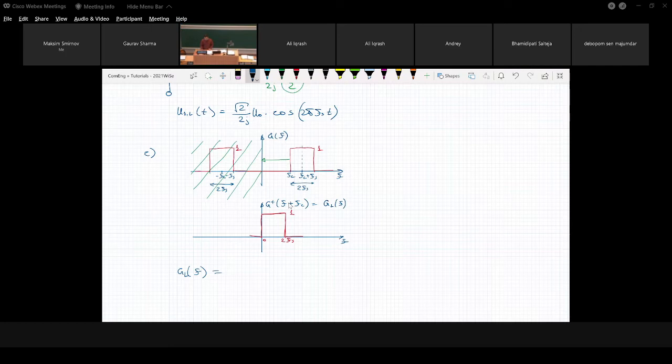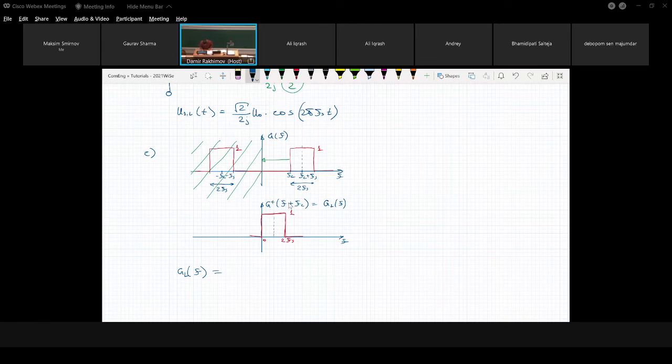What's the shape of this function? Before the time domain, we have to find the representation in the frequency domain. The frequency domain is a rectangular pulse, a rectangular shape function.